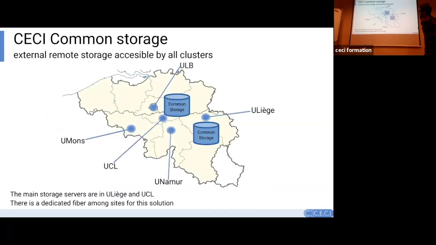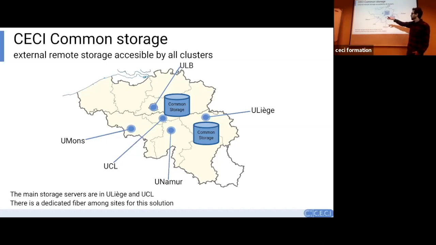As I said, the real servers with their disks, where the data in the common storage is written, are based in the data center of the University of Liège, and another here at the UCL. And there's a dedicated interconnect among all the universities to access these two servers.